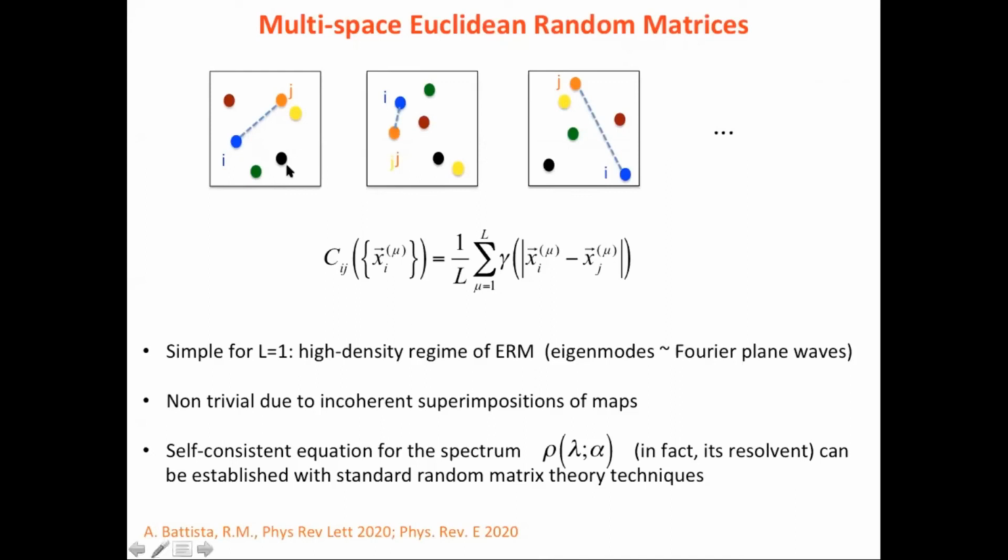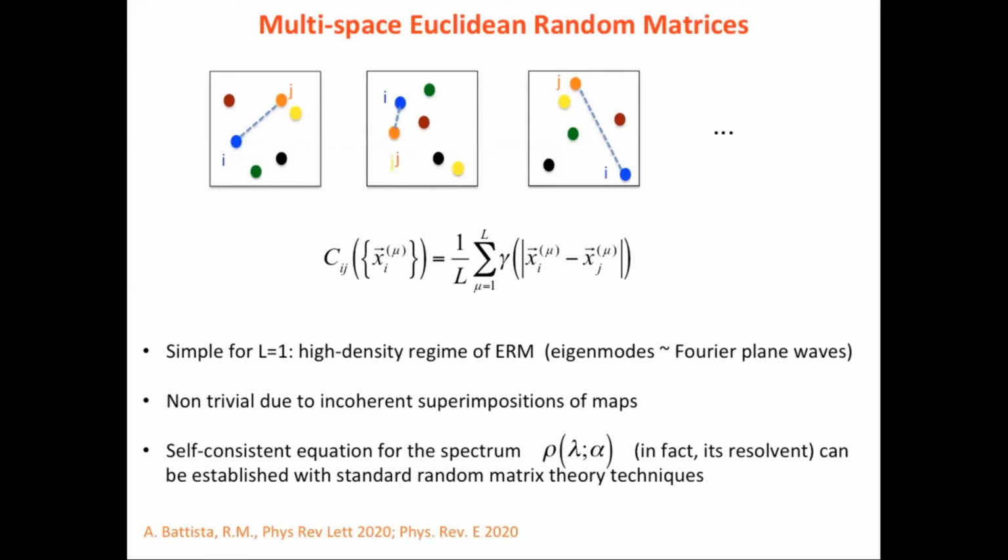For instance, point i here, the blue point, can have some position in the first space, another position in the second, another in the third, and so on. And the Cij coefficient of the matrix is the summation over all spaces of a function of the distances between the two points i and j in the different environments, which corresponds to this definition here. So it's an extension of a standard Euclidean random matrix to a multi-space case, which is quite interesting.